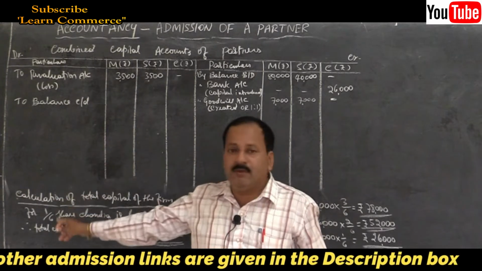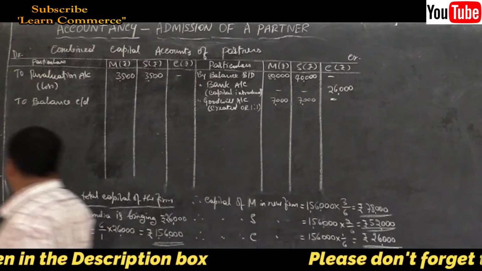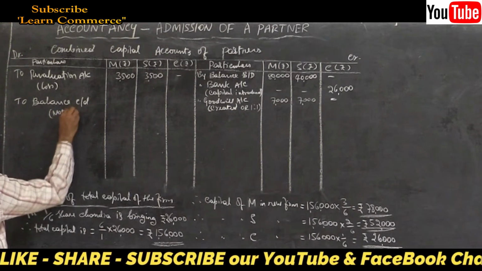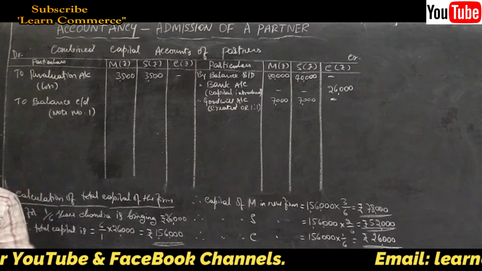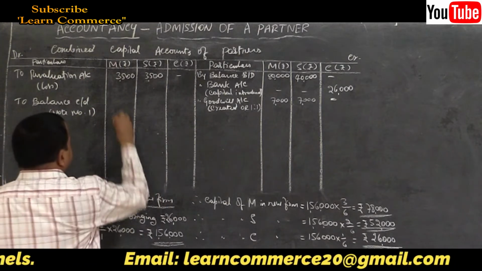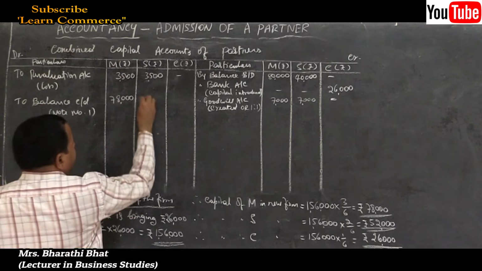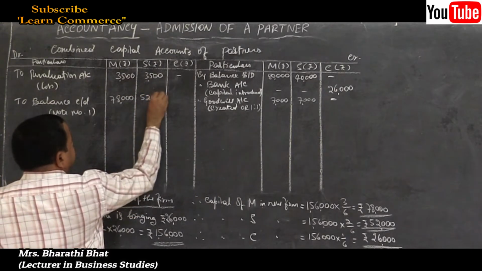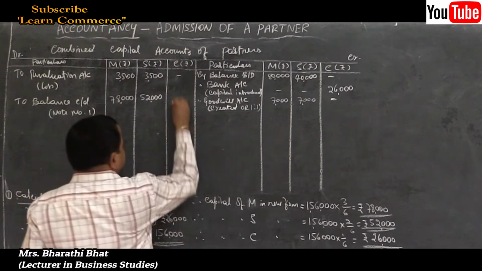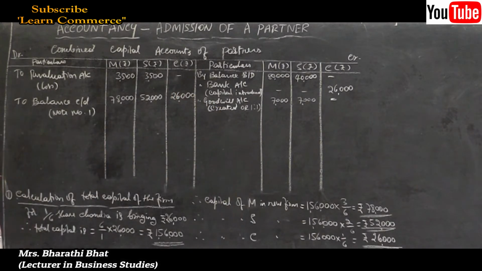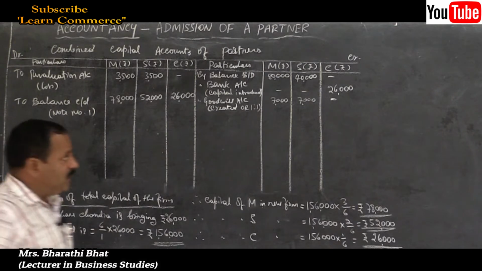Assign note number 1 to this and write the amounts 78,000, 52,000 and 26,000. Now balance it.